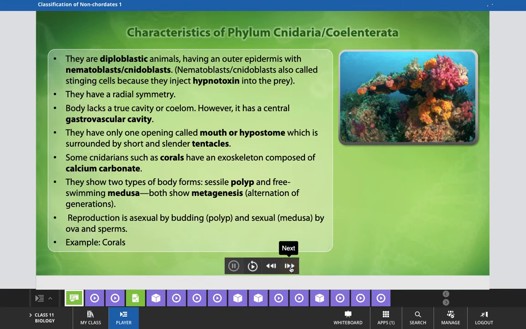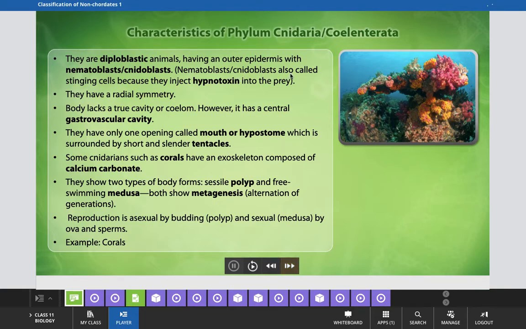Yes, this is the slide in which we are talking about the important characteristic features of the Cnidarians or Coelenterata. On the basis of germinal layers, they are diploblastic animals having an outer epidermis with nematoblast or nidoblast cells.